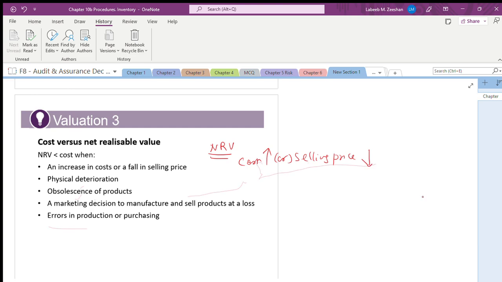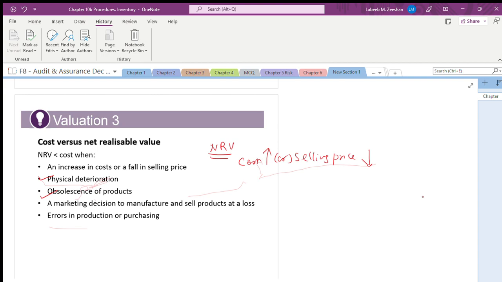What are the reasons? You have physical deterioration, obsolescence of the products. Net realizable value will be less than cost.